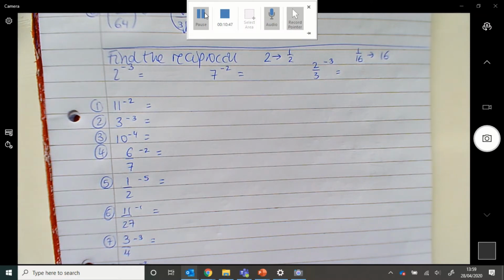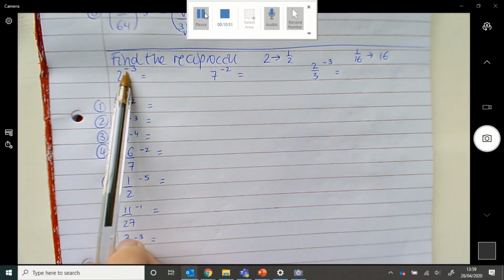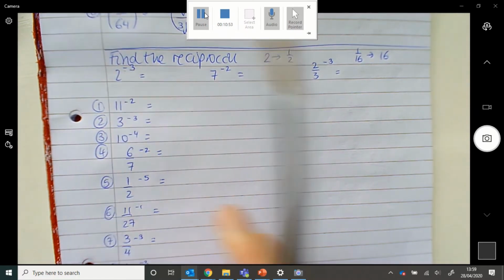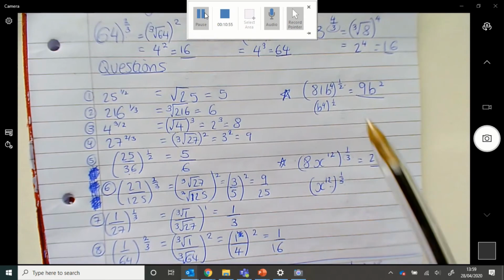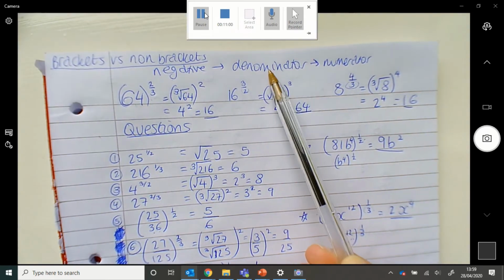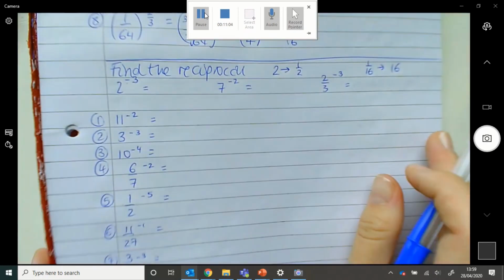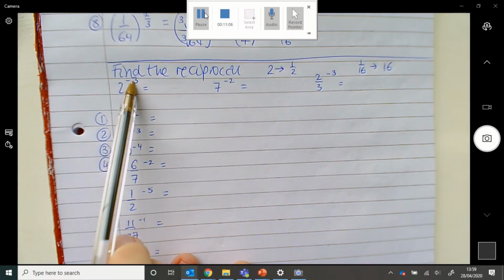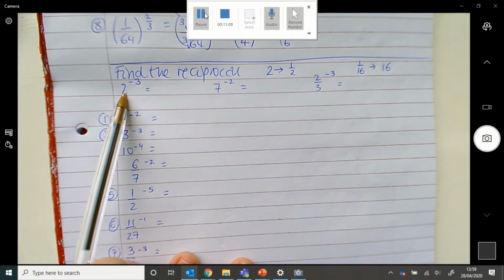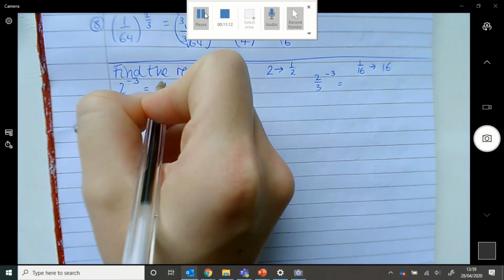I'm switching them over. Okay, so I can see that I've got a negative 3. And if I go back to my diagram at the top, I said I always do the negative bit first. If there is a denominator, I'll use it there, and then finally I do the numerator number. So the first bit I'm going to do is use the negative power to find the reciprocal of 2. The reciprocal of 2 is a half.